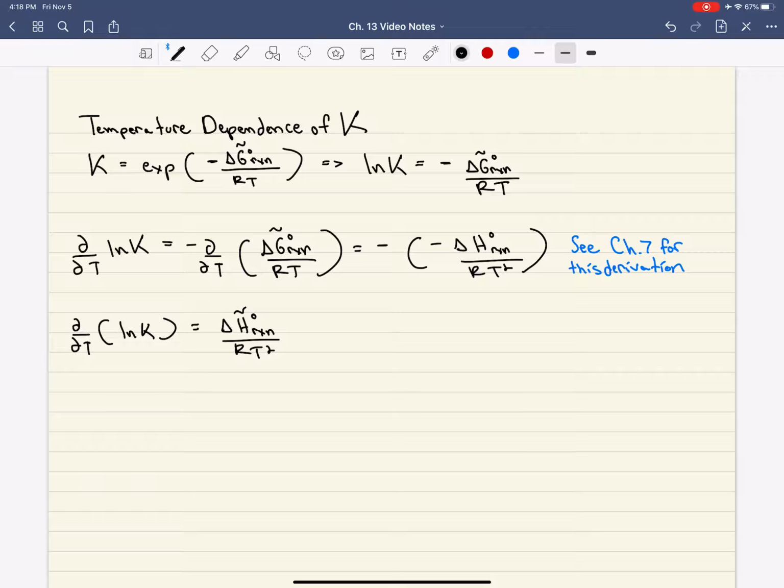And so, if we integrate that, we integrate d ln of K, that is going to be equal to the integral of delta H reaction over RT squared dT. And so I'll call this equation 1.